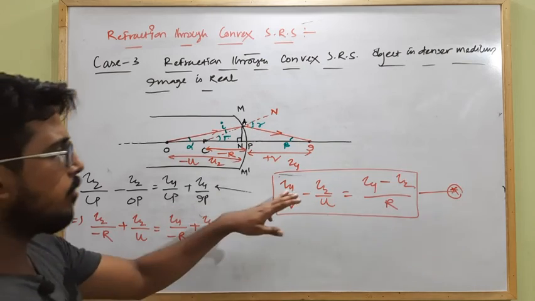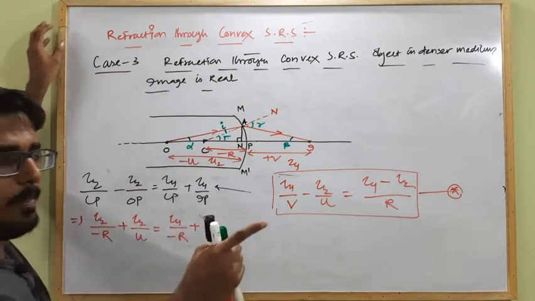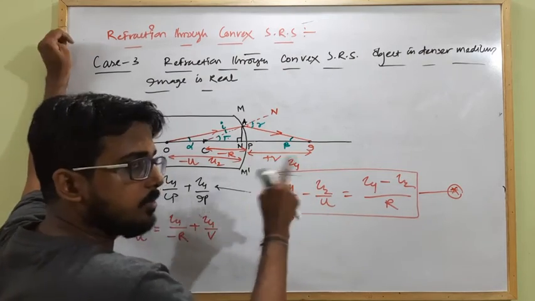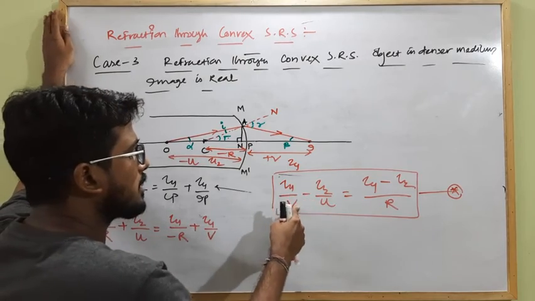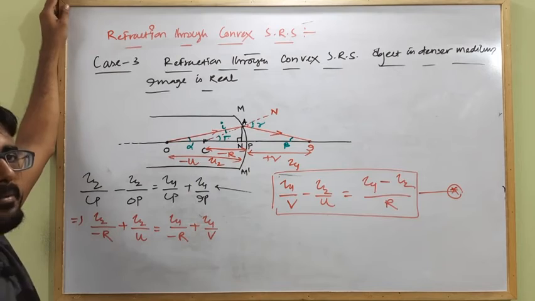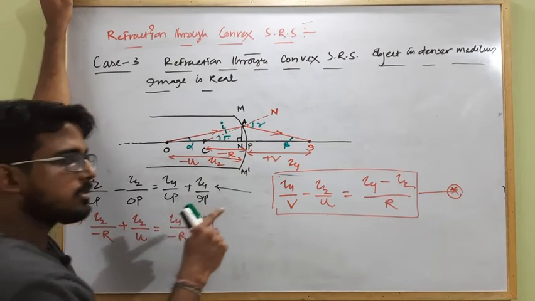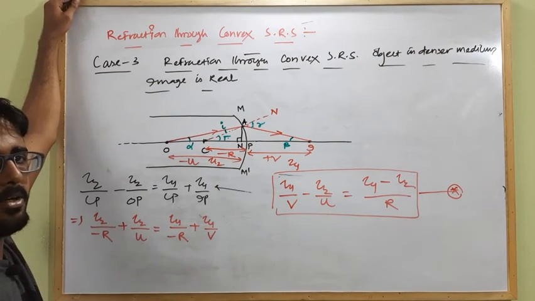Clear? So here mu1 is the refractive index of the medium into which the light is going. mu2 is the refractive index of the medium from which the light is coming. V and U are the image distance and object distance, and R is the radius of curvature of the spherical refracting surface. During numerical solving, you have to put all these values with due sign convention.